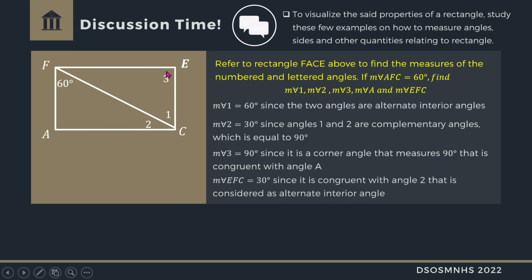Its opposite is angle 2, which is 30 degrees. So therefore, angle EFC is 30 degrees since it is congruent with angle 2. That is considered an alternate interior angle.